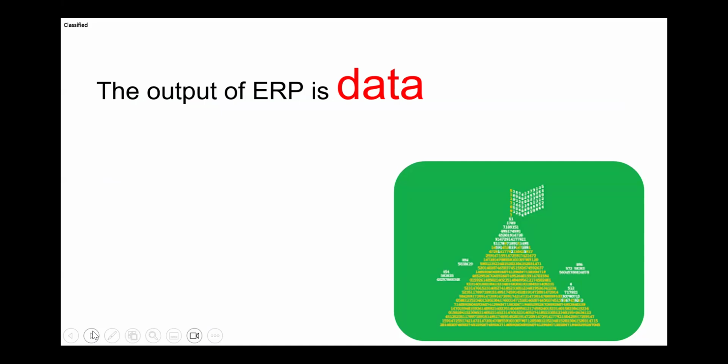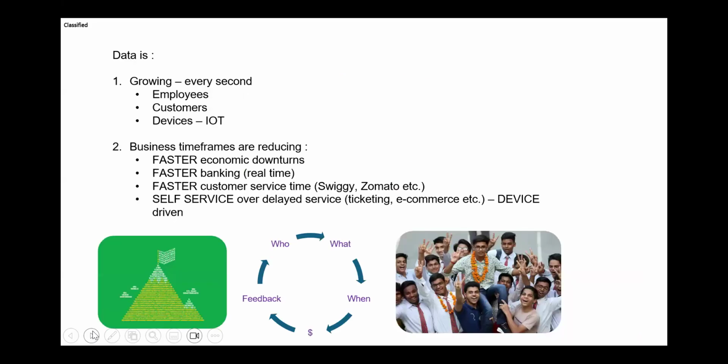The output of ERP systems is what? It is data. And we know that the mountain of data is ever increasing. So data is growing every second because there are so many people who are creating data in a business. It is your employees, your customers, devices, all of them are creating data for the business.